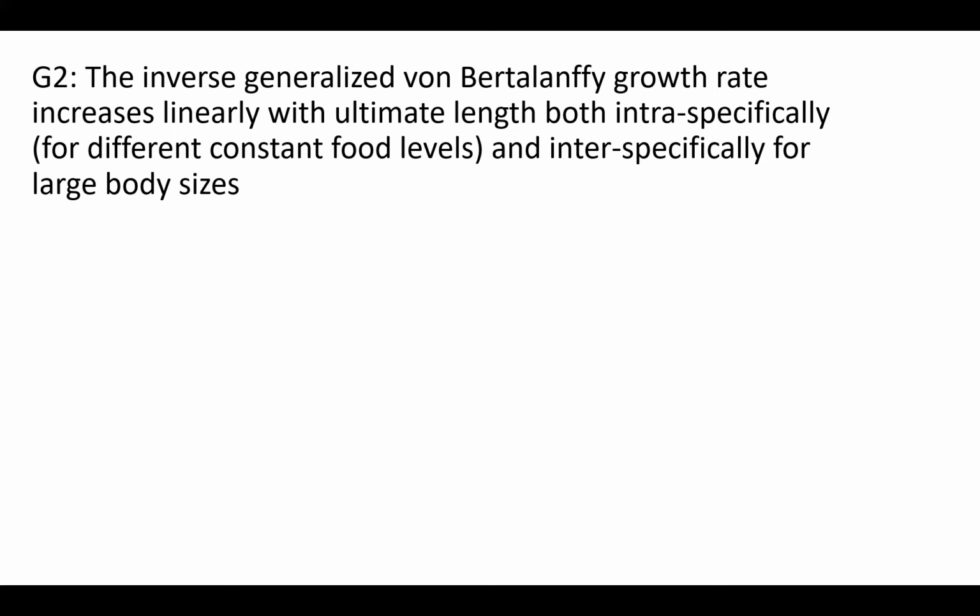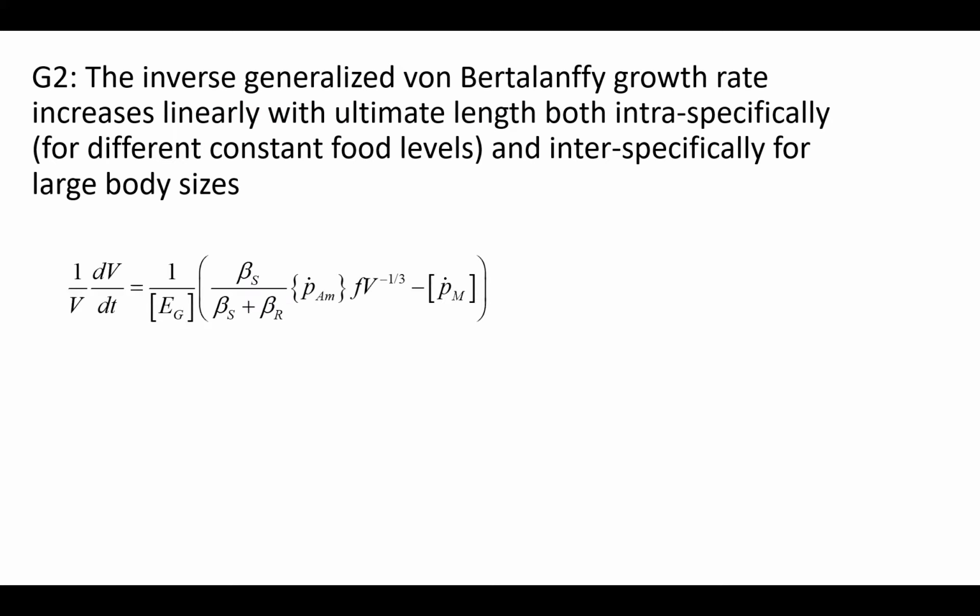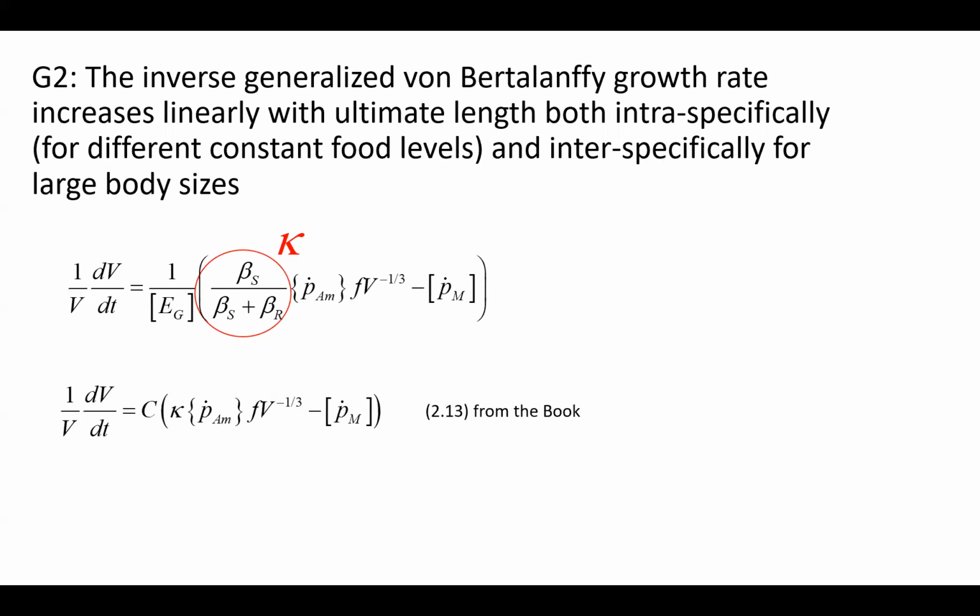So the next dicey one is the scaling of the von Bertalanffy growth rate. Inserting lengths into the equation from the previous slide gives us this equation, and the ratio of the investment into the somatic branch versus total investment of energy is the equivalent of kappa in this model.